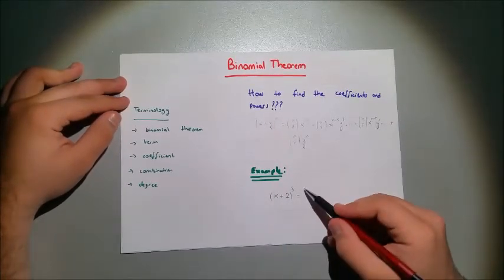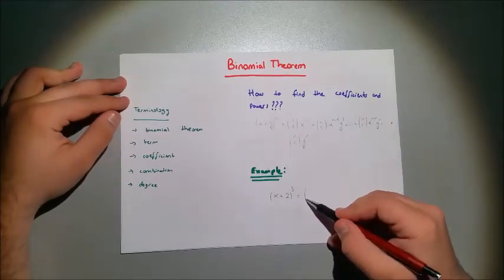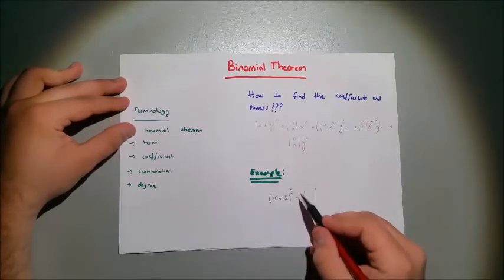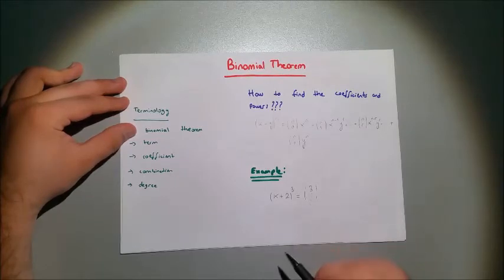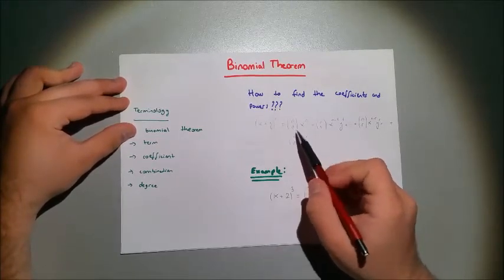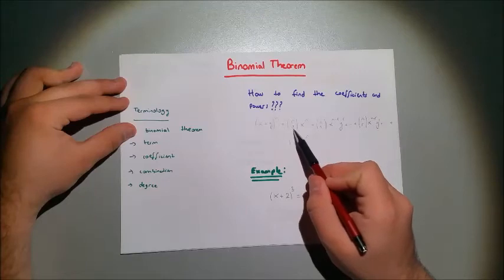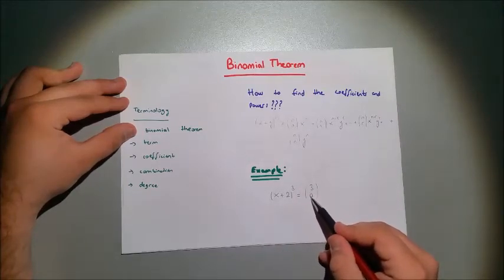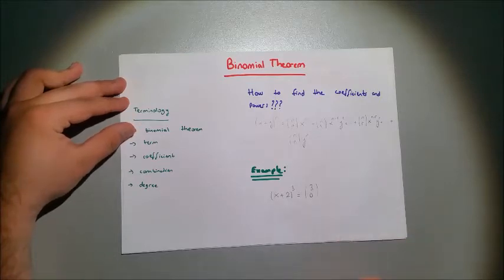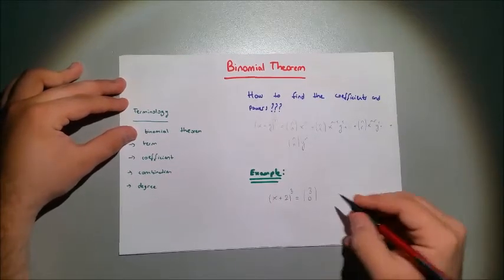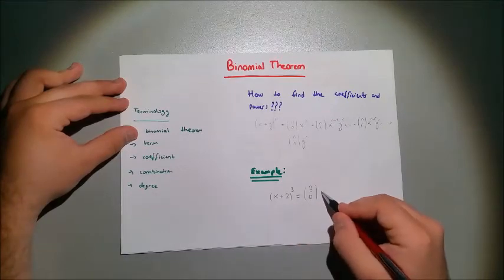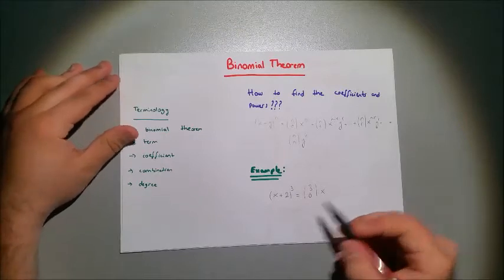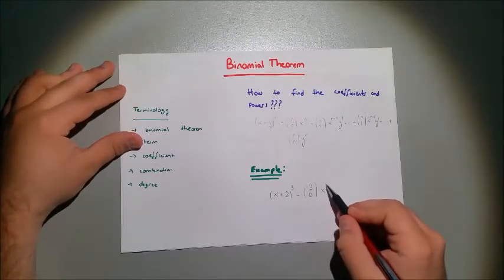I'll use combination, as you can see there, and I put the degree on the top of this combination. And for my initial term, I will use 0 at the bottom part of the combination. And then I'll put my x here, the first term of this whole term, and I put the degree on the top of it.